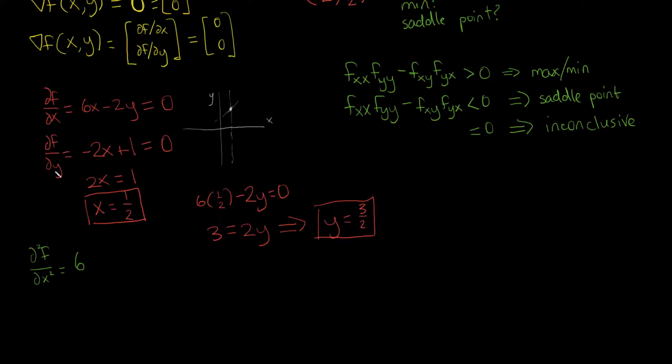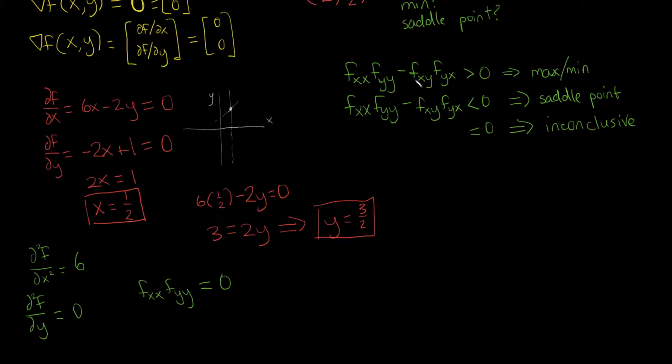The second partial derivative of f with respect to y equals 0, since negative 2x and 1 look like constants. So fxx times fyy equals 6 times 0, which is 0.